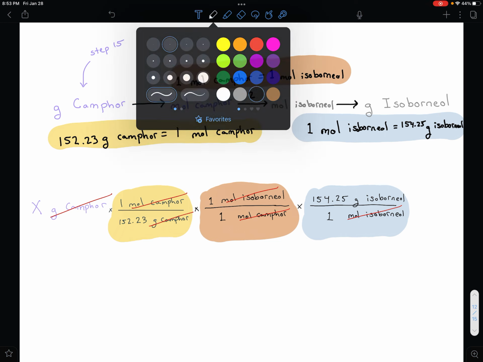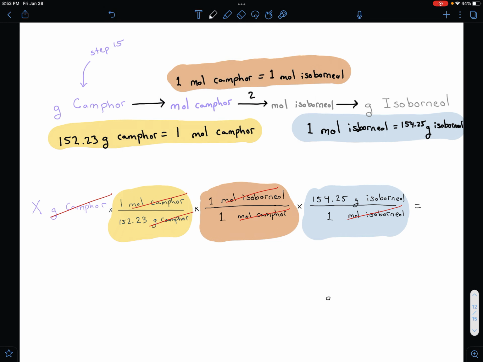So we can stop doing conversions and plug this into a calculator. Depending on how many grams of camphor you started with, everyone will end up with a different number here. But the way I would encourage you to enter this into a calculator is that number, that grams of camphor you started with, times 1, enter.